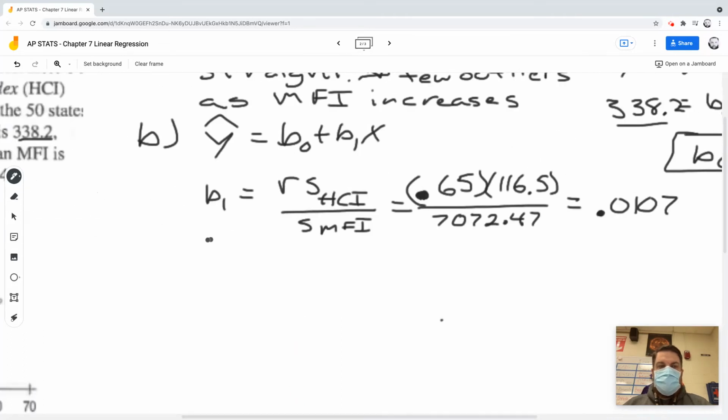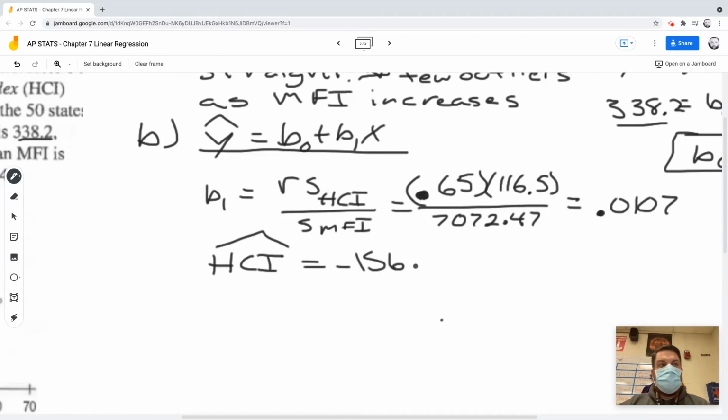And then what does all this mean? So we were asked, what's the equation? So if I wanted to clean this up and use some verbiage that makes sense, I would say the predicted housing cost index would be equal to negative 156.5 plus 0.0107 times the median family income.